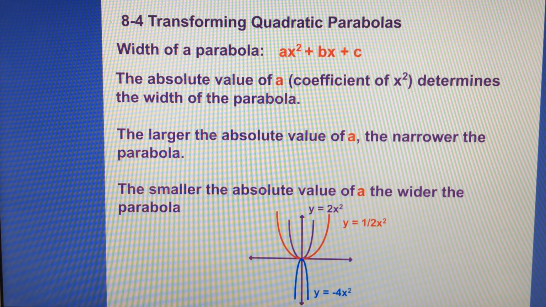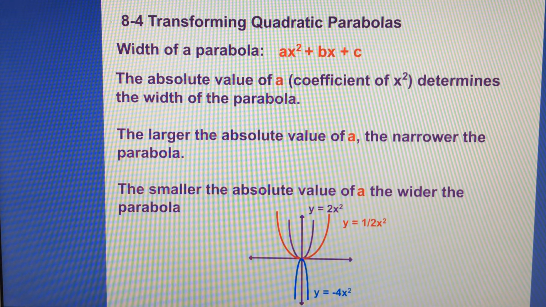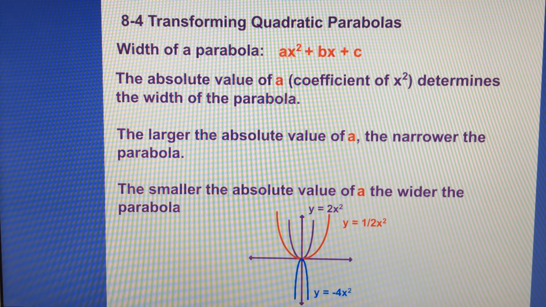But that makes sense because you're multiplying times x squared. And the larger a value times a squared value is going to go up faster or down faster. So it makes sense that the larger that a is, the more narrow the parabola.